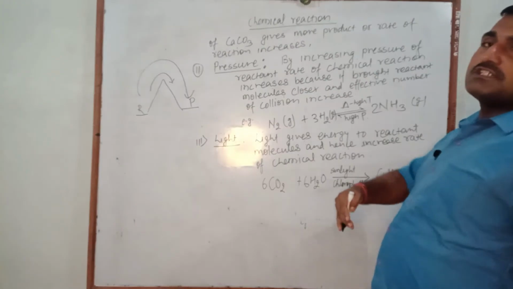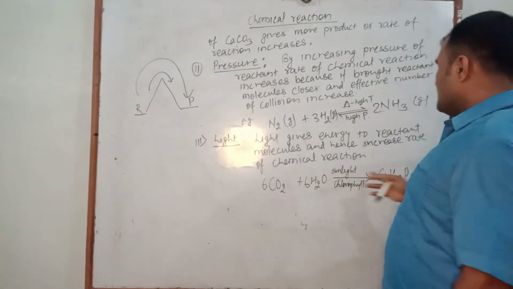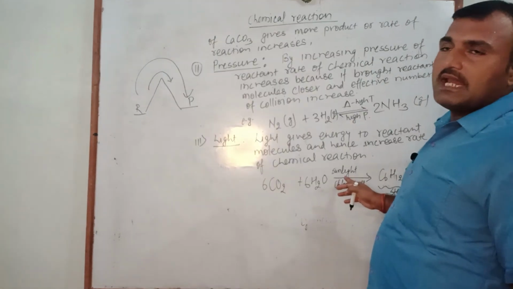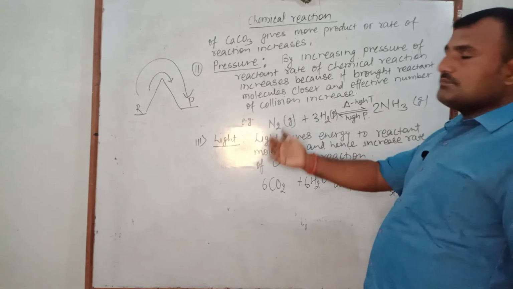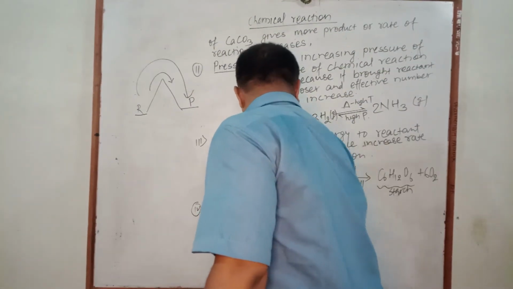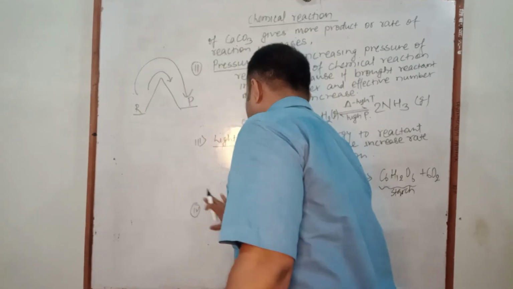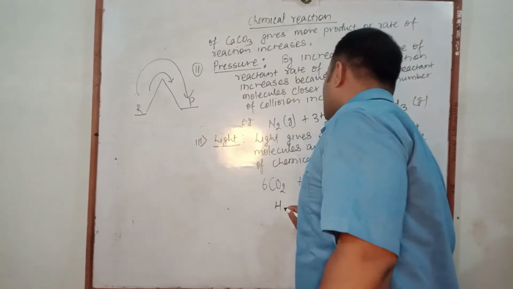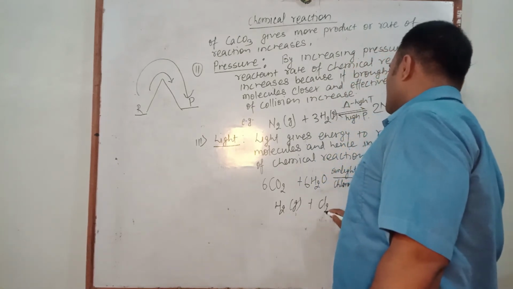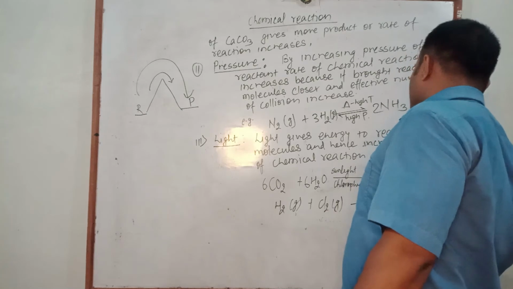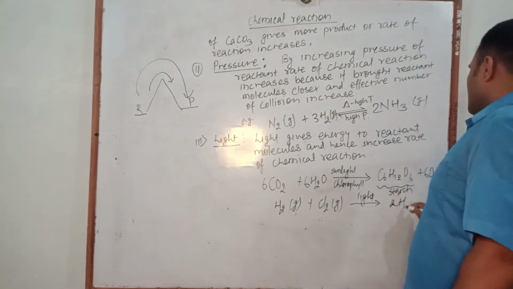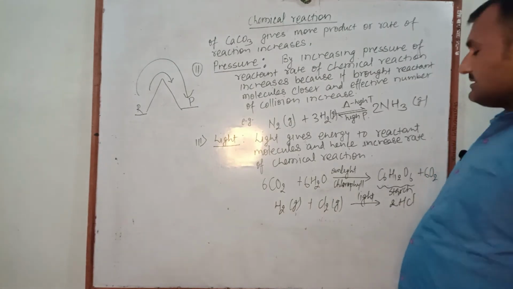When there is sufficient sunlight, more starch is formed, and when there is a lack of sunlight, the rate becomes slow. Another example: hydrogen gas reacts with chlorine gas in the presence of light and gives hydrogen chloride gas.